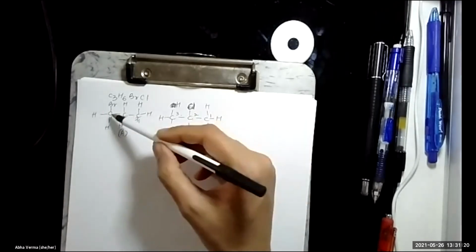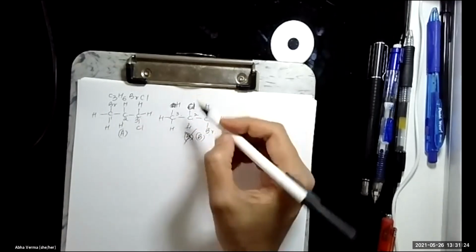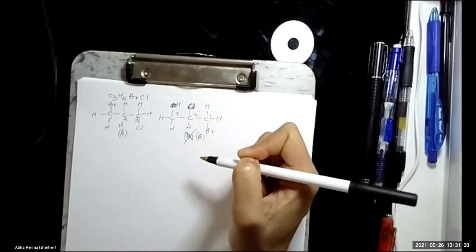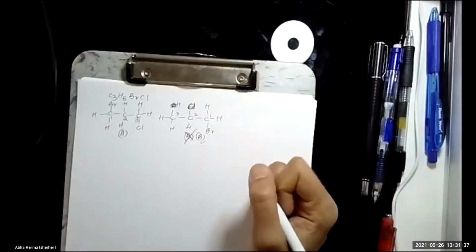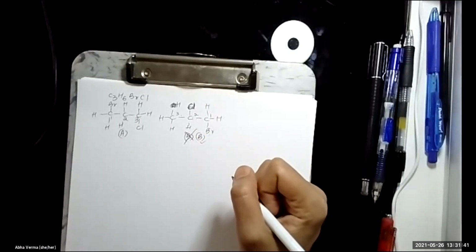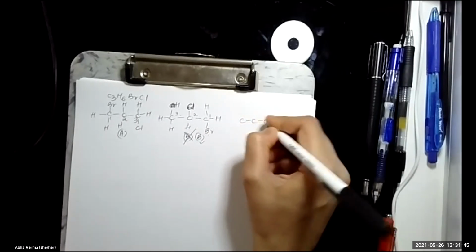Bromine is still on carbon 1, but instead of being at 3, chlorine is now on carbon 2. So this slight connectivity difference also will make these two constitutional isomers. Does that answer your question? Yes, thank you. You're welcome.